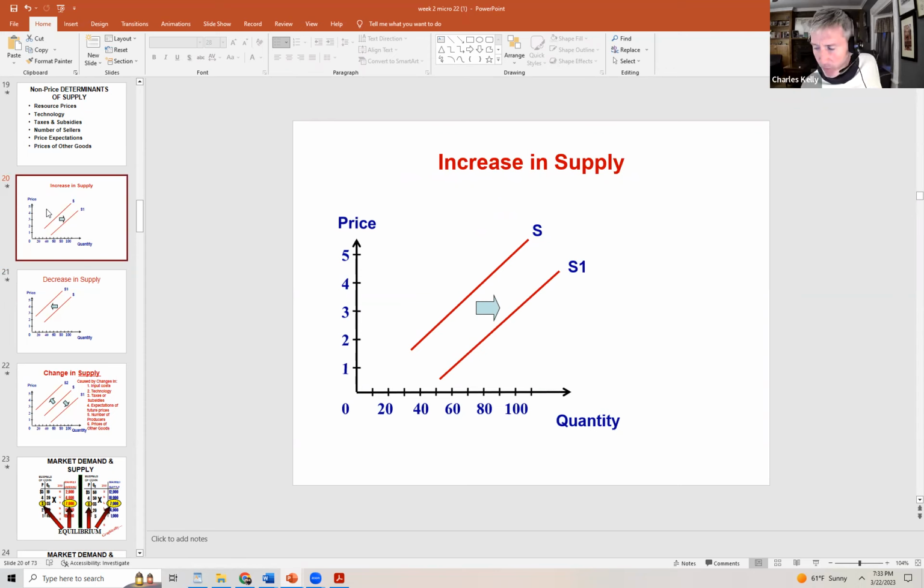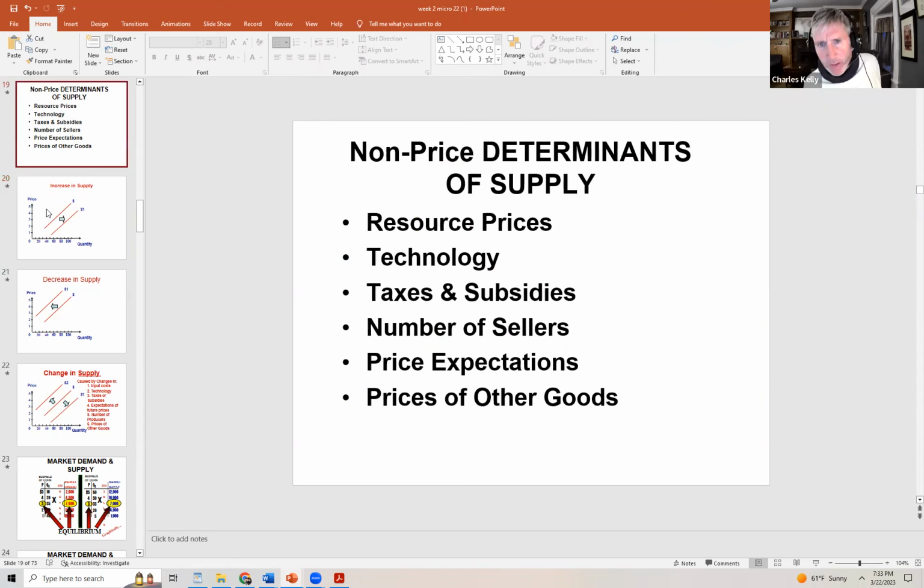So again, these four, resource prices, technology, taxes and subsidies, and number of sellers are definitely the most important. There could be times when expectations and price of other goods apply in certain situations. So we'll briefly discuss them.